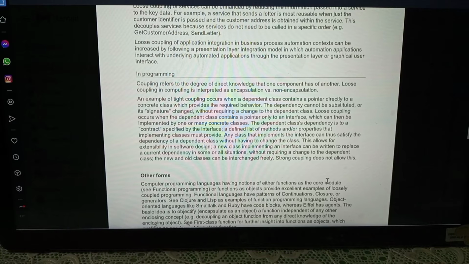This allows for extensibility in software design. A new class implementing an interface can be written to replace a current dependency in some or all situations without requiring a change to the dependent class. The new and old classes can be interchanged freely. Strong coupling does not allow this.